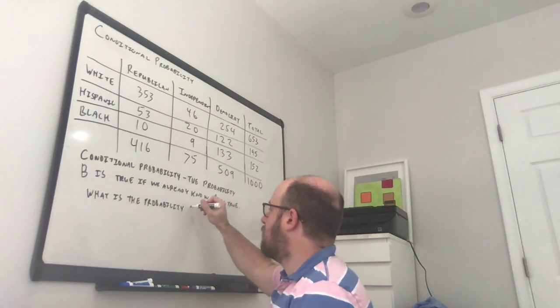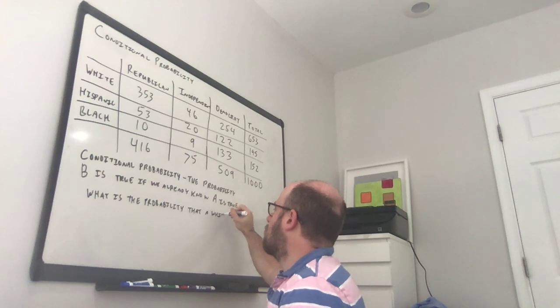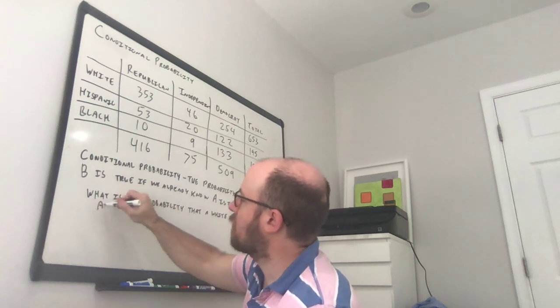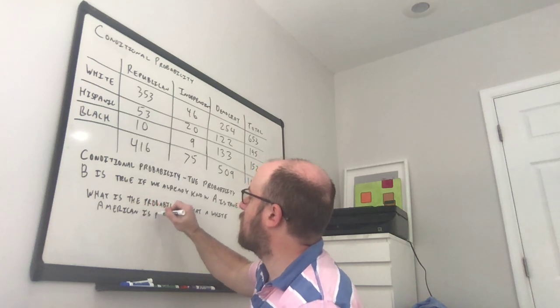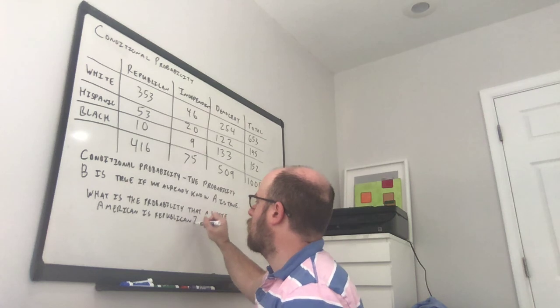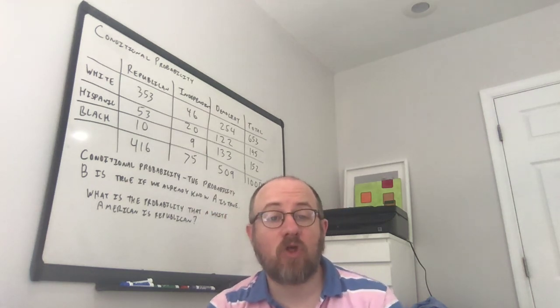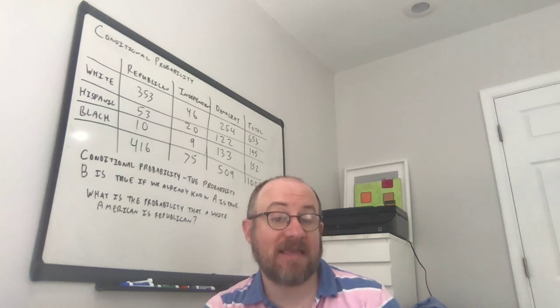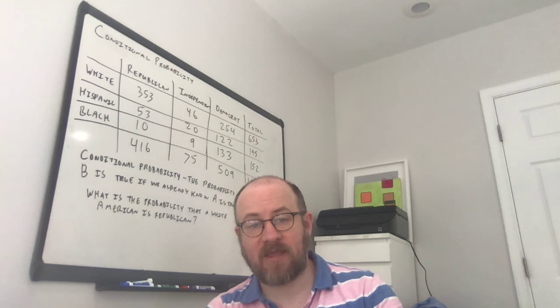But what is the probability that a white American is Republican? This is a conditional probability because we're looking at the probability that somebody is a Republican given that we already know that they're white.